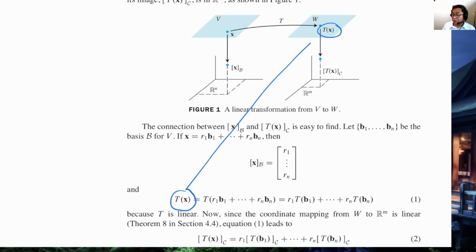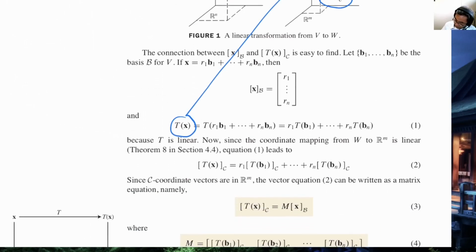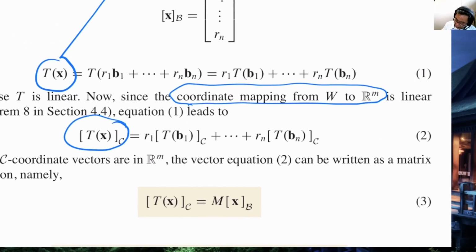Now, we want to represent it in the C basis. So this is what we do. We take the element T of X, which is in the vector space W, and we represent it in the C basis. Representing it in the C basis is a coordinate mapping, and this is linear. So we look at this equation and see again that R1, R2, up to Rn are constants.